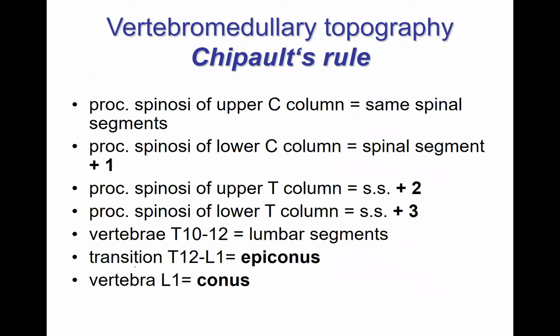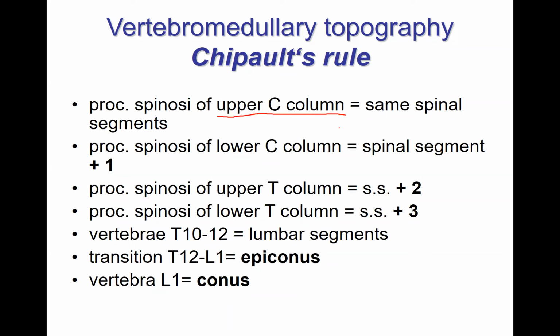When you have a fracture of the vertebral column, you have to know which segments are affected. As the growth of the spinal cord is slower and the spinal cord is shorter, the vertebrae do not match the segments. They match them at the upper cervical vertebral column.